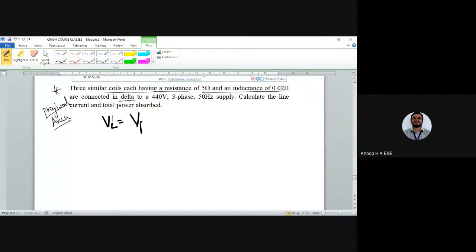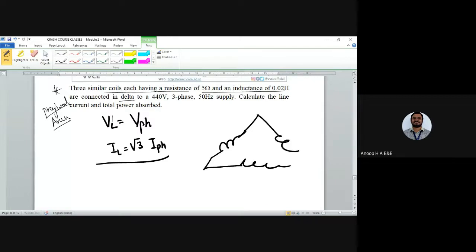So in delta connection, we have VL equal to VPH, and IL will be equal to √3 into IPH. So solve this problem. It's a delta connection. Given is 440, is it line voltage or phase voltage?